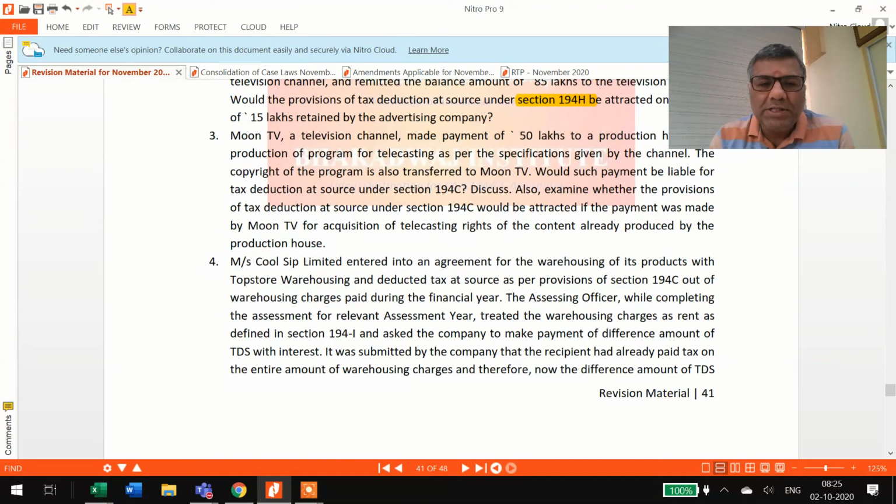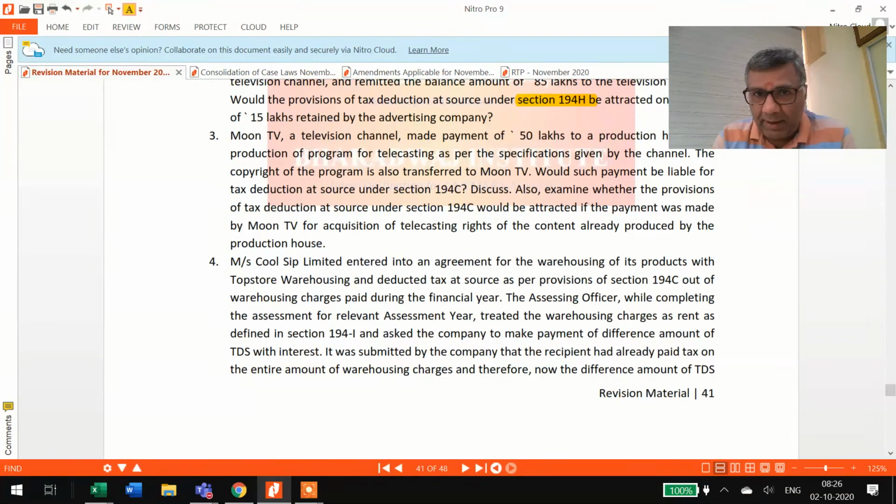Messrs. Coalship Limited entered into an agreement for warehousing of its product with Top Store Warehousing and deducted tax as per the provisions of 194C out of the warehousing charges paid during the year. The AO, while completing the assessment for the relevant assessment year, treated the warehousing charges as rent as defined under 194I and asked the company to make the difference amount of TDS with interest.